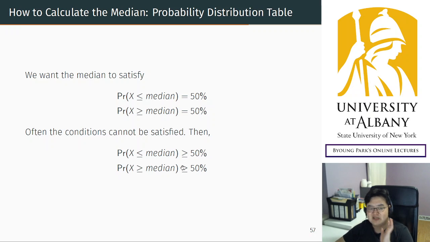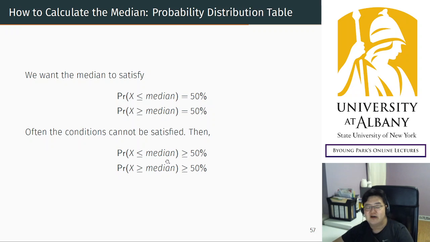It's a little bit tricky, but I will show you why it has to be like this in an example later. So now, the probability on the smaller side of the median and on the larger side of the median, each of them must be at least 50%.